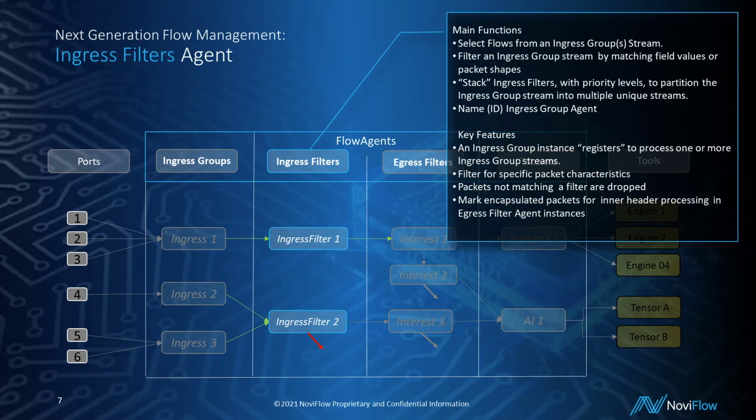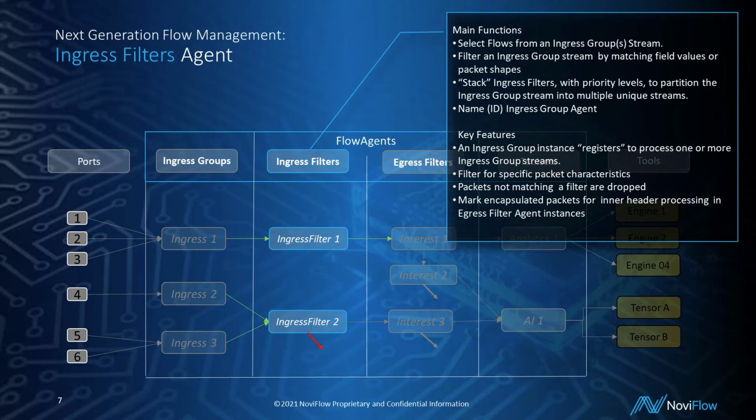Then 3, we can stack these. This example doesn't have a stack in it, but the next one over does. If you look at Ingress Filters, you can see 2 of them stacked. What that says is you can have a number of agents, 2, 3, 4, many, that say, I want to get a feed from the same Ingress Group above.